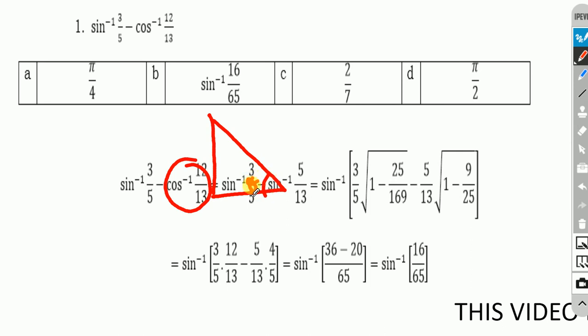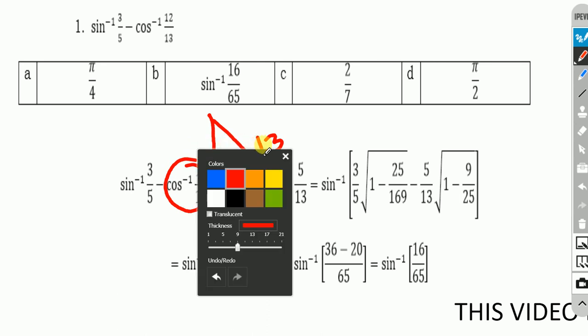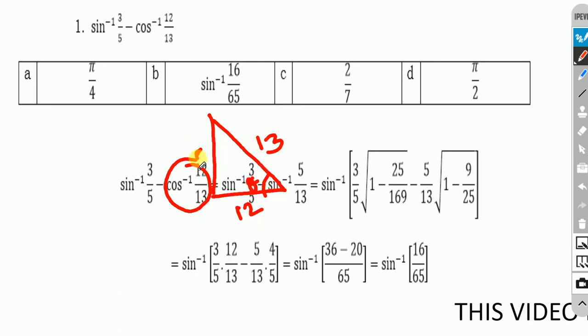So cos theta is 12 by 13, that is 12 here, and hypotenuse is 13. So 13 square minus 12 square, that is 169 minus 144, is 25, which is nothing but 5 here.